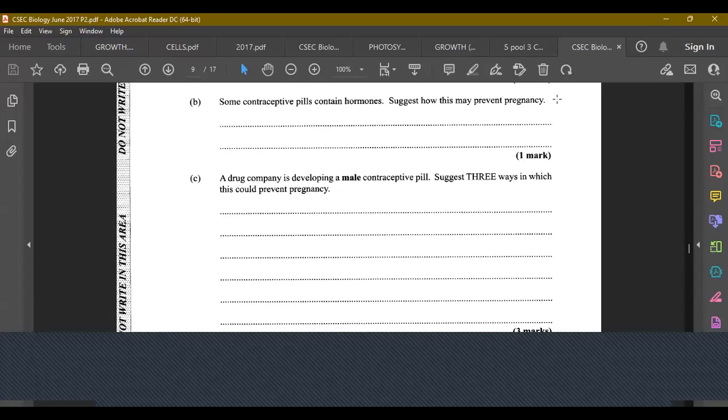Yes, it would. It definitely would. And then we can talk about the other suggestions that were made: lower the sperm count, sperm will be deformed, hormone will decrease. Anything along that line will help you out.